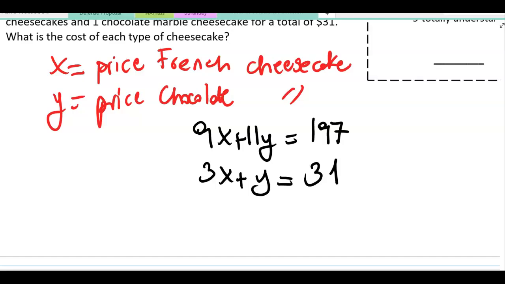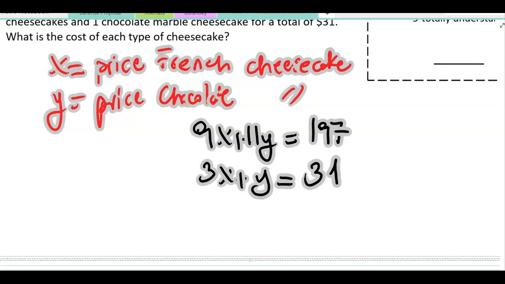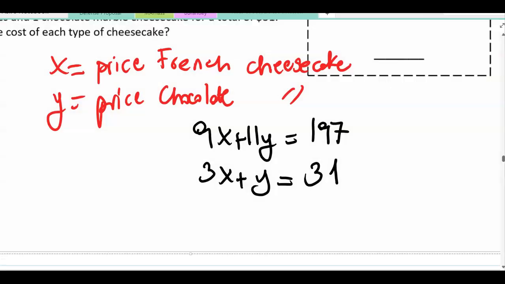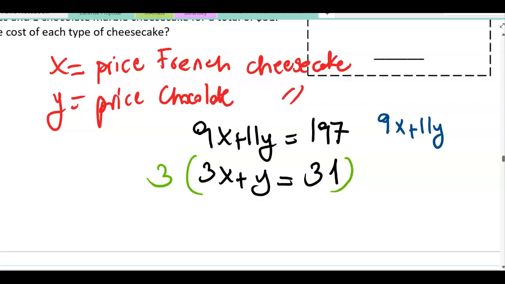That's what matters, so pay attention to that. And how you want to solve it, for instance, I can multiply this equation by 3, and you can use substitution, not necessarily the elimination method.